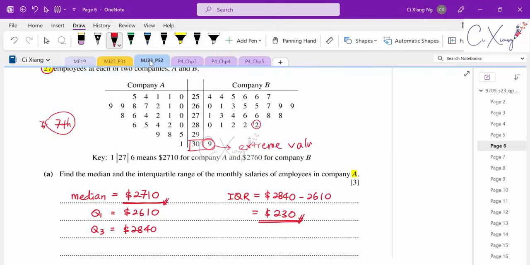So when you're having any extreme value in a set of data, basically we shouldn't use the mean to represent the data. Alright, it is because the extreme value will affect the mean in our calculation. So it is not a good measure for the central tendency.